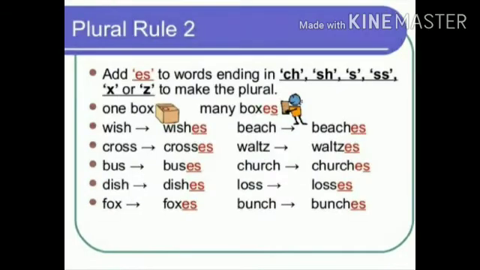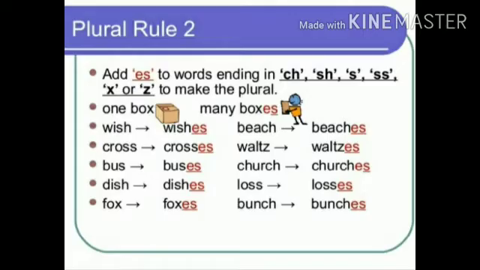Next is rule number 2. When singular nouns end in ch, sh, s, double s, x or z, we add es to make them plural. For example, church is ending with ch, we are adding es after the word church.